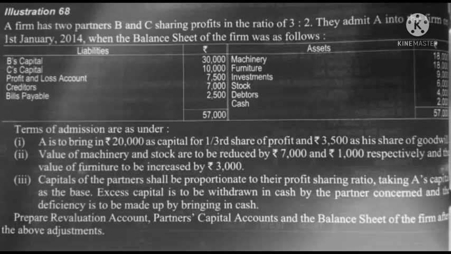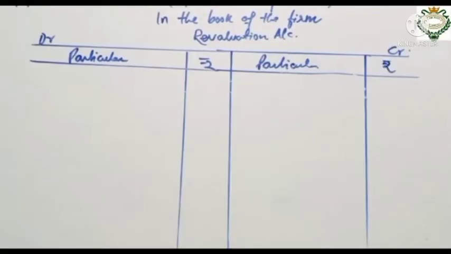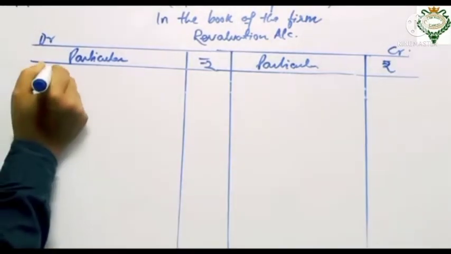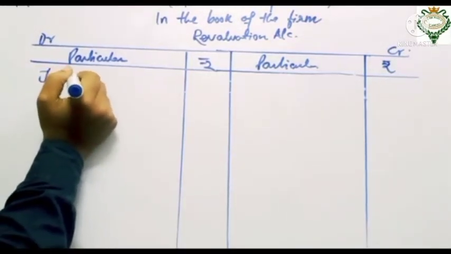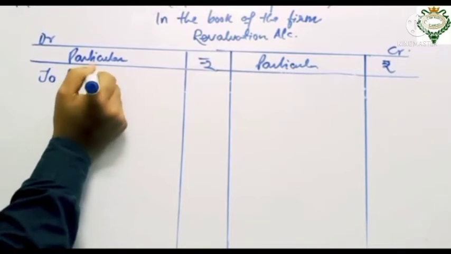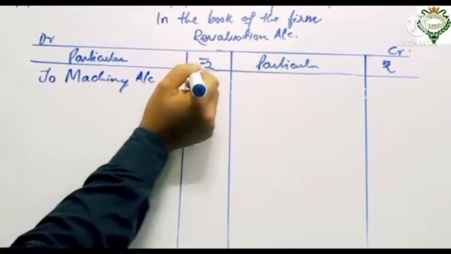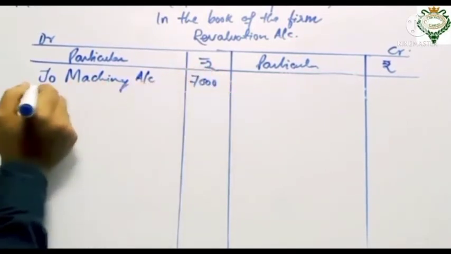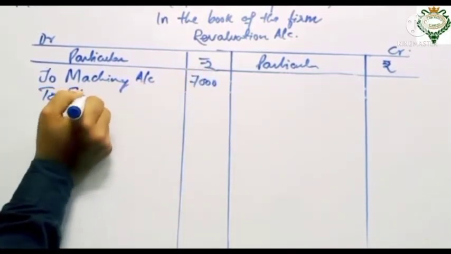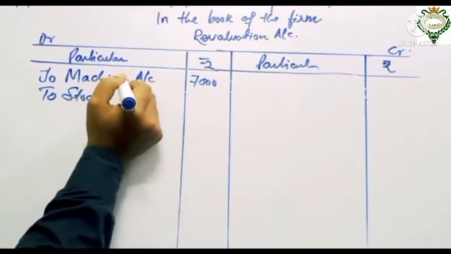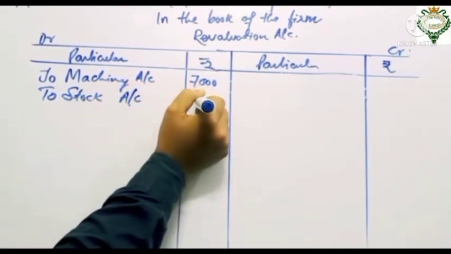Now what we have to do, you have to first prepare the revaluation account, partners' accounts, and after that the balance sheet of the firm. So draw the format for the revaluation account. So here is the format. On the debit side, machinery is depreciated by 7,000, so to machinery account 7,000, and stock is also depreciated, that is 1,000.